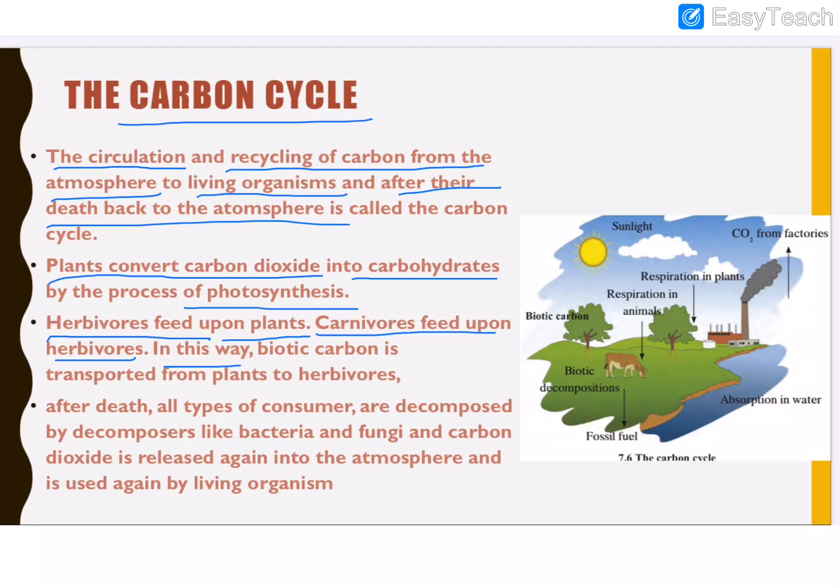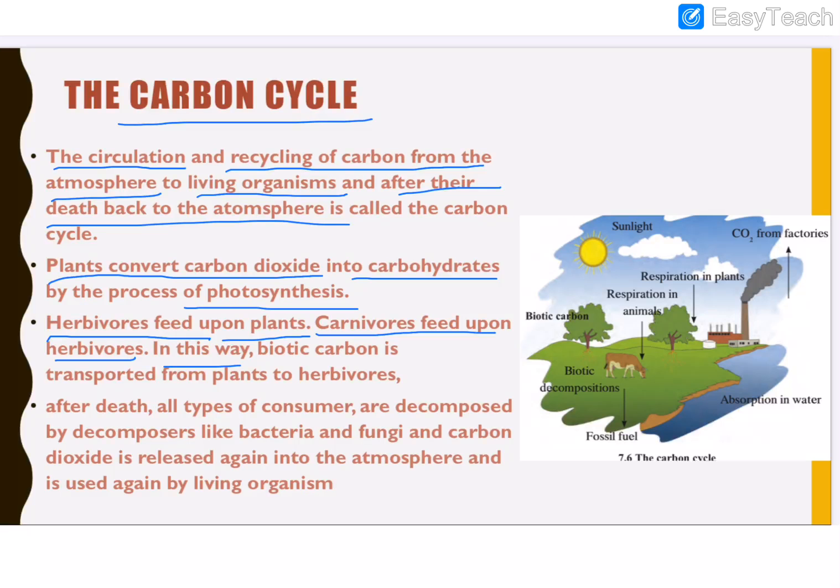So from plants the carbon dioxide is converted into carbohydrates. The herbivores, like cow and grasshopper, eat only plants. So from plants the carbohydrate is passed on to the herbivores like cow, and when the cow or grasshopper is consumed by carnivorous animals like lion, snake or frog, it is passed from herbivores to those animals.